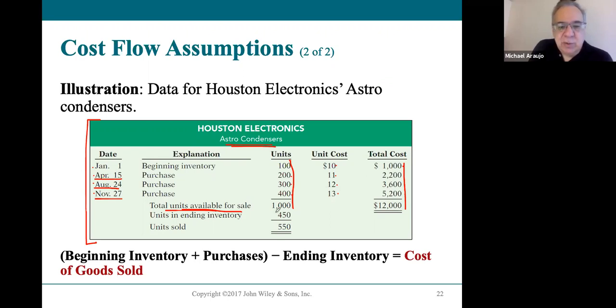All right, so that's the total. 1,000 units that cost the company $12,000. That's just for this product, this Astro. One quick question. And so this is regardless of what's being purchased at the store then? Yes.